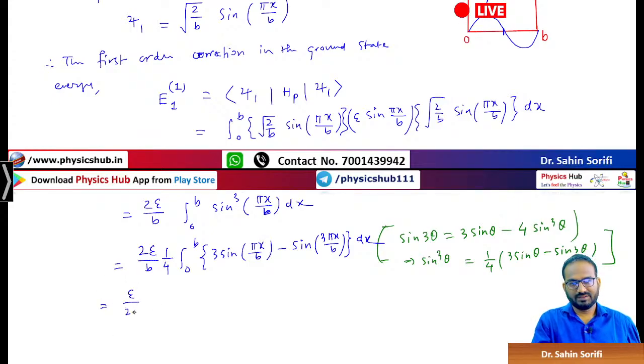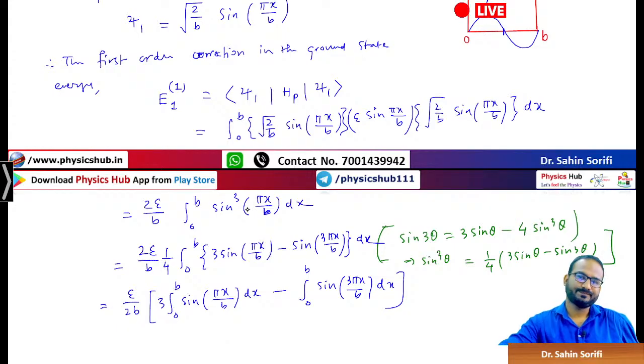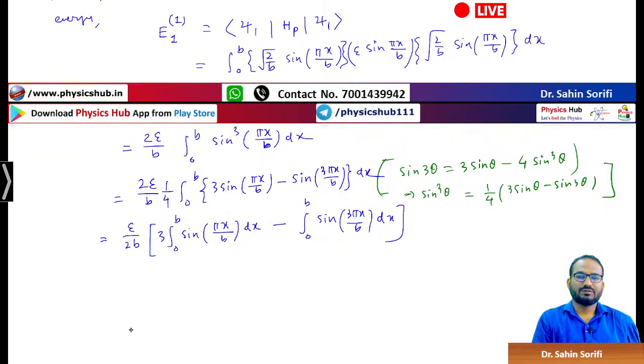So epsilon by 2B, you are getting two integrals. One is from 0 to B, sine pi x by B dx, another one sine 3 pi x by B dx. So what will be the integration of the first term?